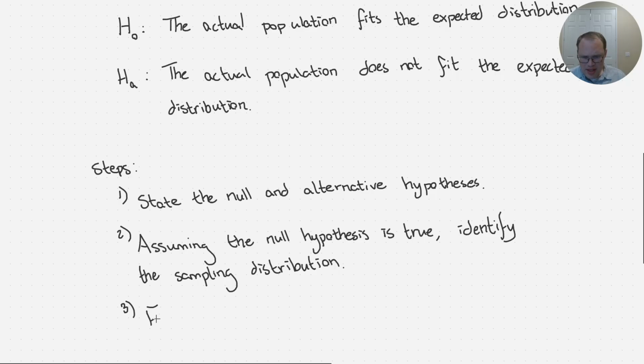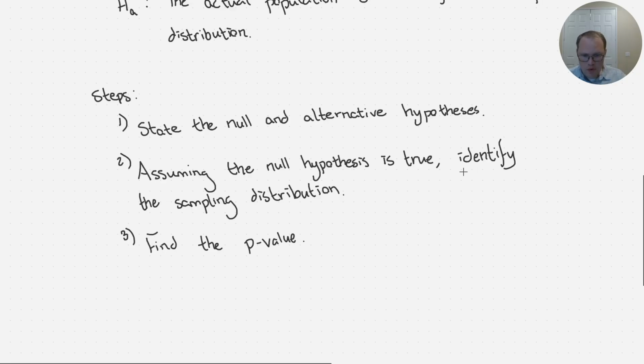Three, once you have that sampling distribution, find the p-value. And four, once you've calculated the p-value, you can compare it to your level of significance and draw a conclusion, whether or not you reject the null hypothesis and accept the alternative hypothesis.